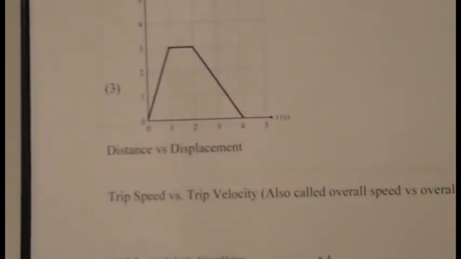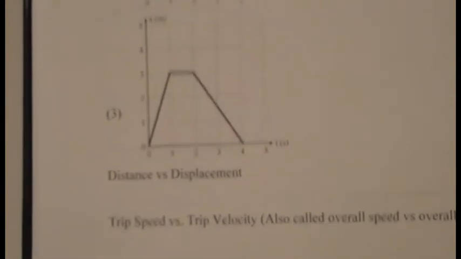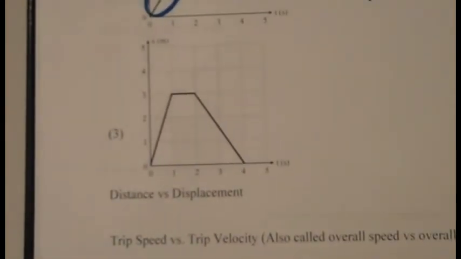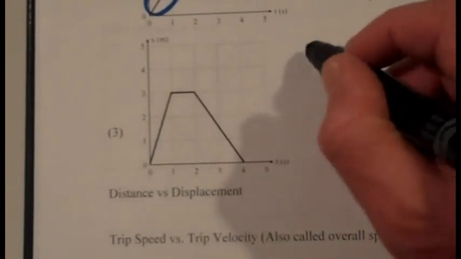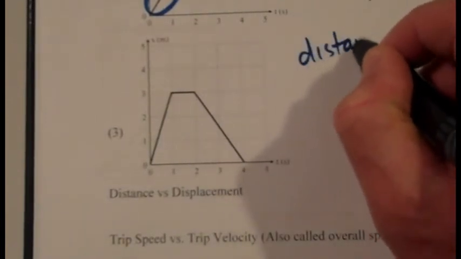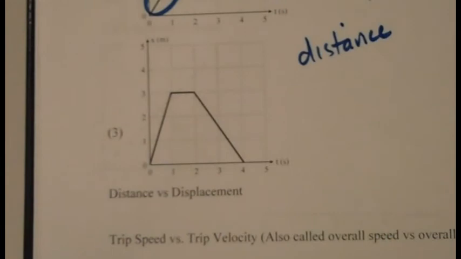Now, there's a couple of words here I want to talk about because they're very important: distance versus displacement. This may seem a little confusing at first. Distance is how far something moves in a given time. If you were wearing a pedometer, that's something you can walk with and it'll tell you how far you go. Or if you were in your car, you might have an odometer.